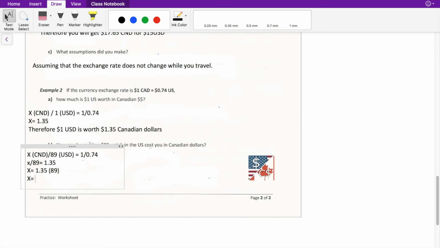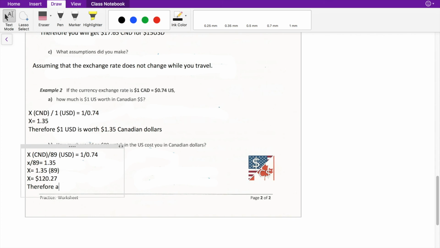And that x is going to equal $120.27. So it sounds like a really good deal, an $89 watch, but once you do the exchange rate, it may not be as good a deal as it looks. It still might be, of course, but sometimes it's not quite as good.